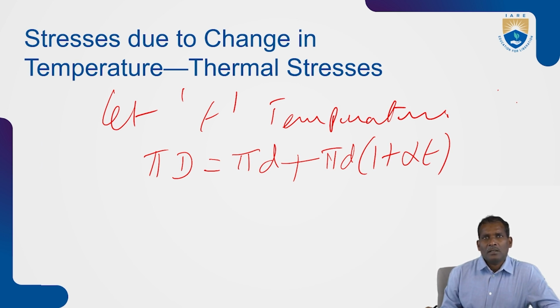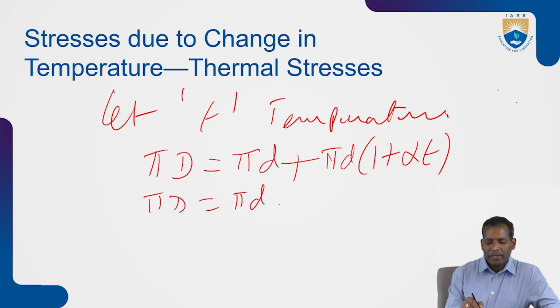So here you will get alpha t. So expand this one: pi D is equal to pi d plus pi d alpha t.